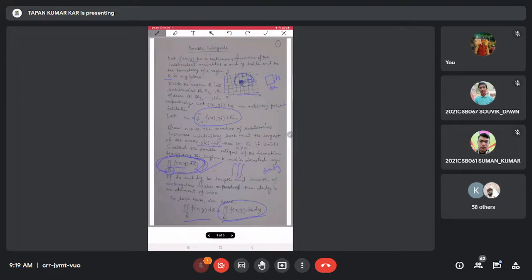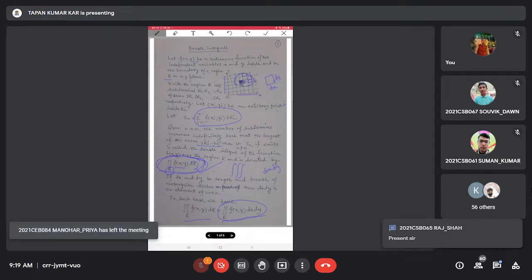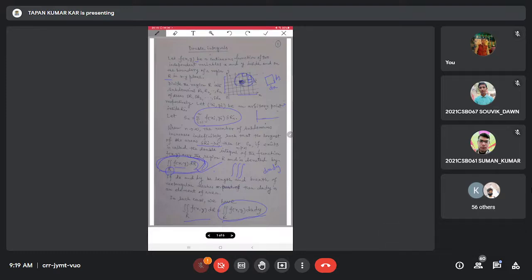But how this double integral is derived is explained in this portion. If you compare with the definite integral in the case of a single variable, it is almost the same thing. Only in the single variable case it is considered as length, because it is on a line.